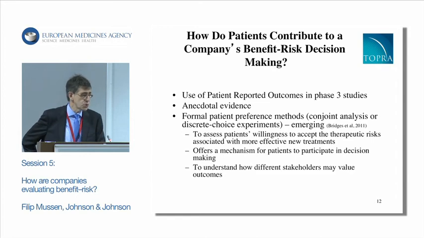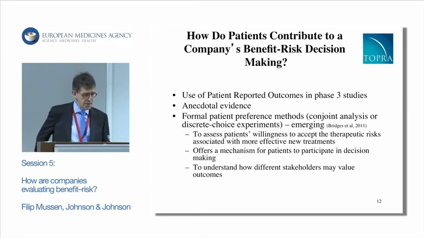That's one way. There's also anecdotal evidence, and I think companies sometimes use that as well for benefit-risk decision-making. But more importantly, there is now an emerging use of formal patient preference methods, which are usually conjoint analysis, also called discrete choice experiments.